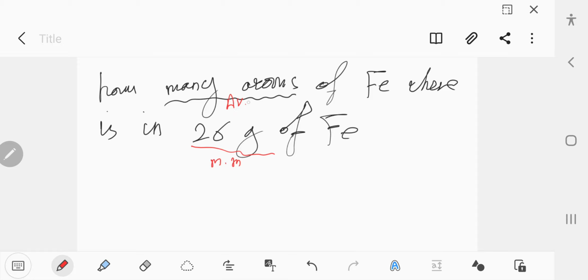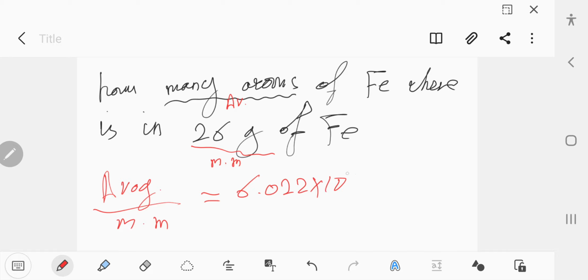So what is the relation between Avogadro's number and the molar mass? And remember, the unknown quantity must be the numerator. How many atoms? So Avogadro's number must be the numerator: Avogadro's number over molar mass, which means 6.022 times 10 to the power 23 over the molar mass for iron, which is 56. Simply times the given quantity, 26 gram.